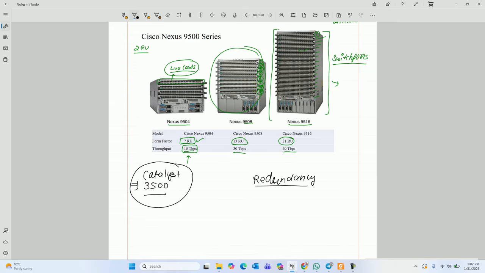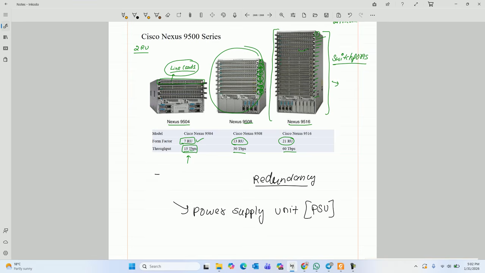But the problem with this Catalyst 35 is it has just one power supply unit, PSU. That's the problem. Because if that power supply is gone, what is the meaning of having redundant switches?